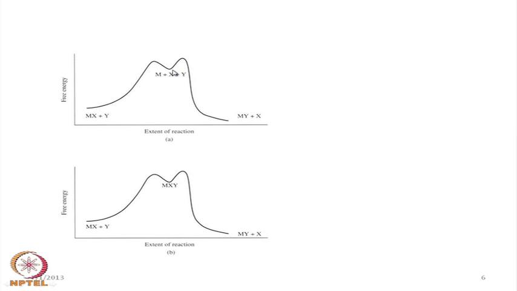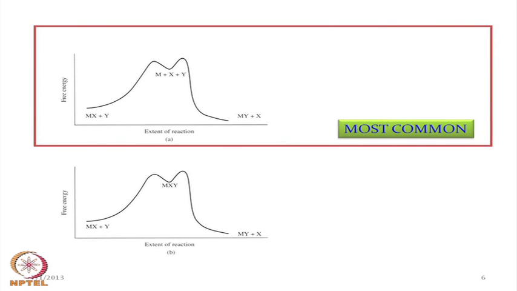So, if we are able to detect this, if we have certain stability for this, that means the steady state approximation was not valid in this particular case, where we are not assuming that these two intermediates have very low concentration, but that they have a certain measurable concentration. Then we can involve the corresponding rate law for these species for the progress of the reaction.